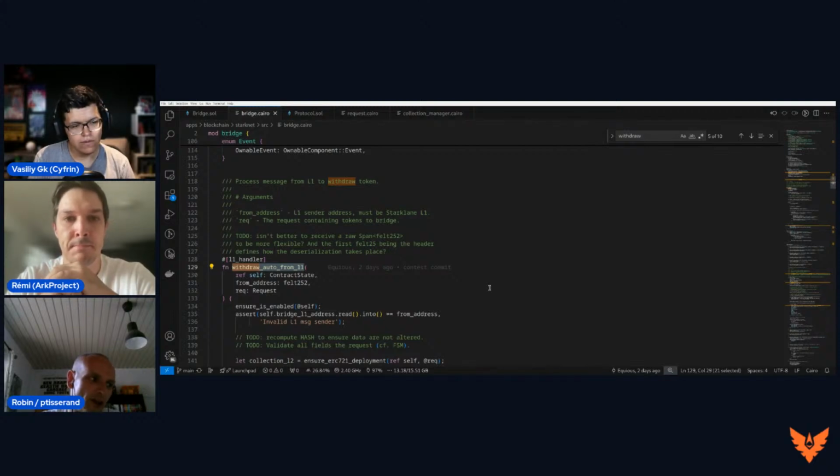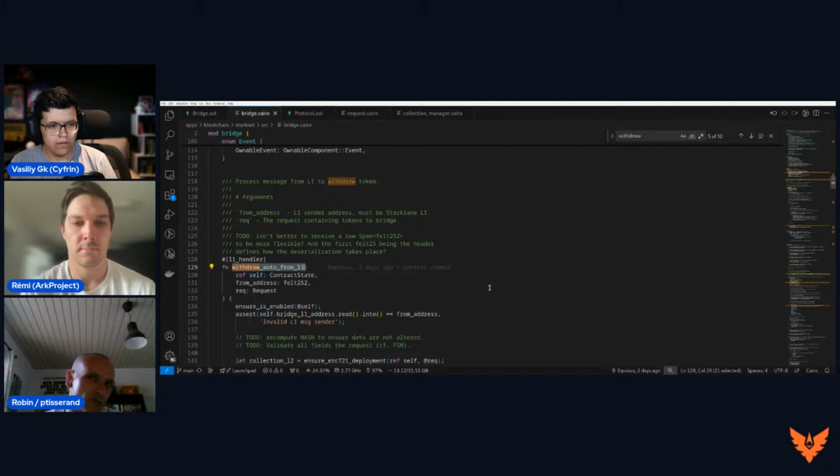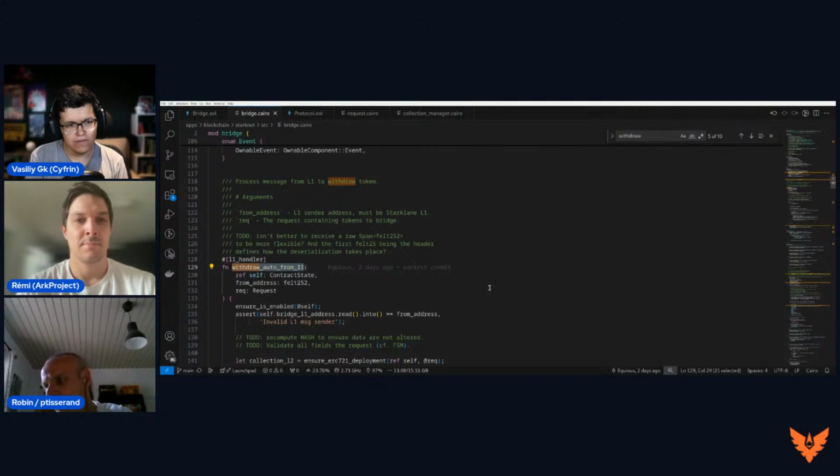In the case of L1 to L2, it's also the user, but it's a bit different because he pays the gas fee for his Ethereum transaction and also sends some value with this transaction, which will be sent to the Starknet messaging system. It's not exactly a gas fee, but it looks like one. That's why when you look at a transaction, there is always some ETH sent also.